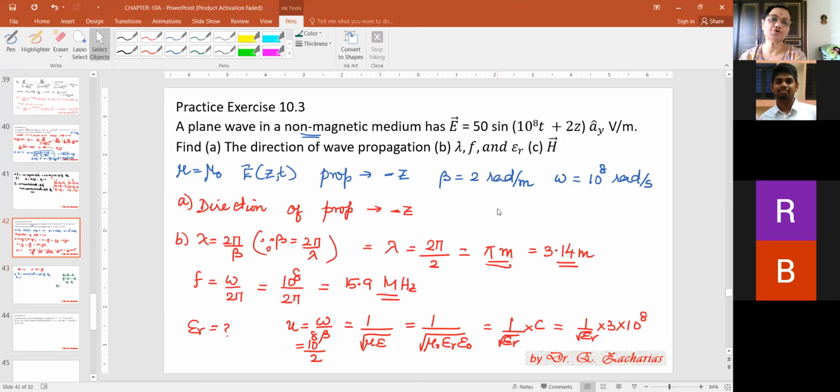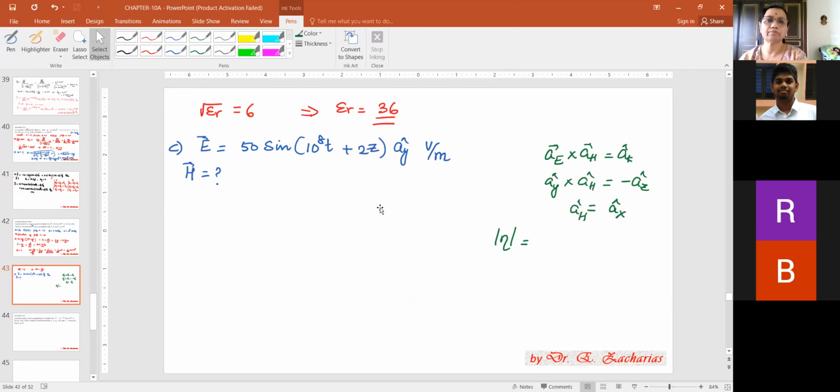If it was a lossy medium, you should have had e to the power of minus alpha z, because this equation is not written for z equal to 0. But this equation tells you that expression is not there. Therefore, this is a lossless medium, as e to the power of minus alpha z is missing.